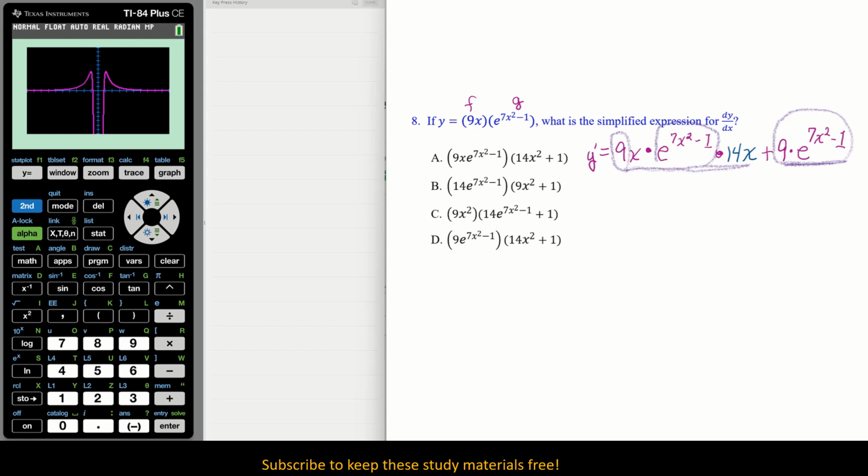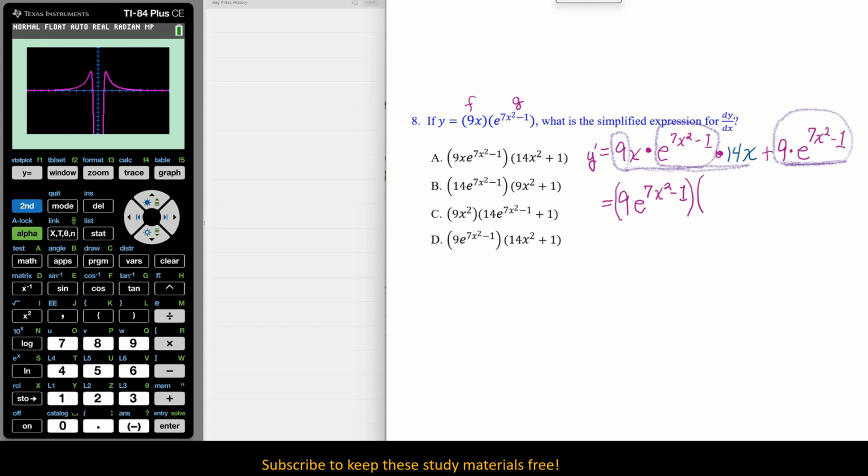You see that? Because they're multiplied together, we can pull them out. So we are simplifying, we're cleaning it up. So pull out your 9e to the 7x squared minus 1. Pull that whole thing out. Now what's left? Don't forget that we still have this plus in here. We pulled it out from the entire thing.